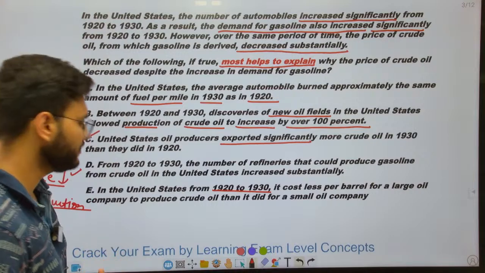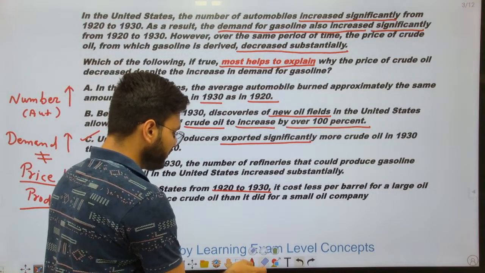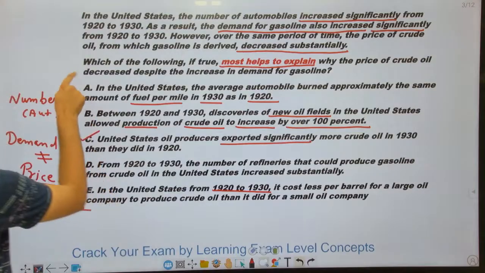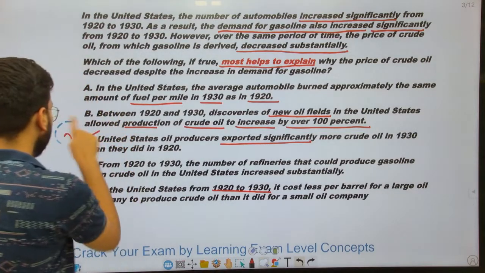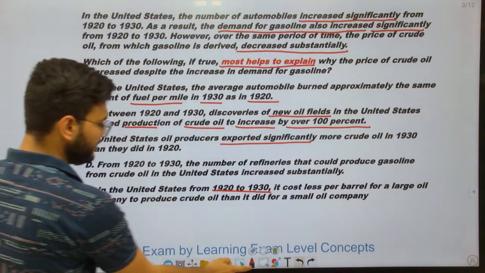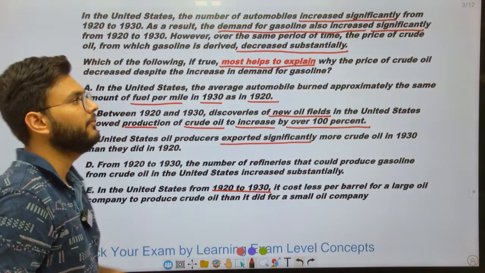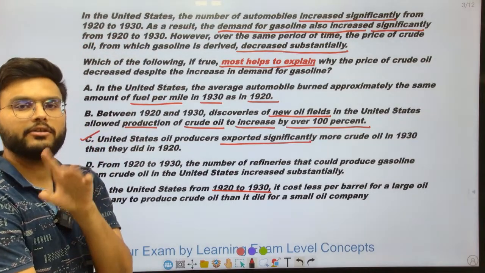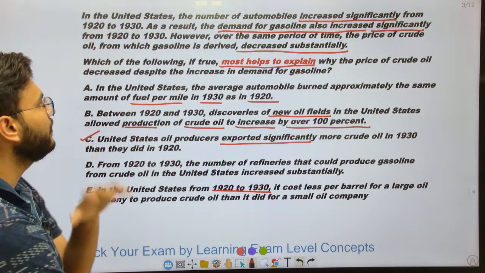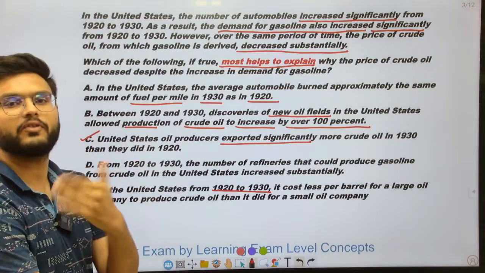Now you can see this question. What does this question really expect from you? The scenario was simple. If you look at it logically, the scenario is simple. What is happening? You can see in the United States from 1920 to 30, there is a significant increase in the number of automobiles.